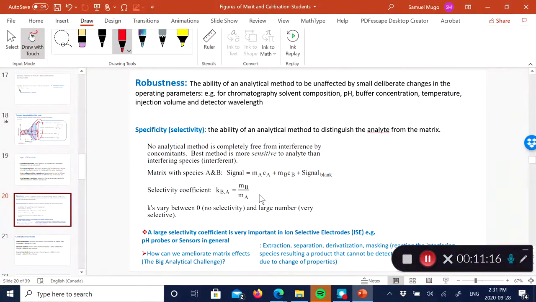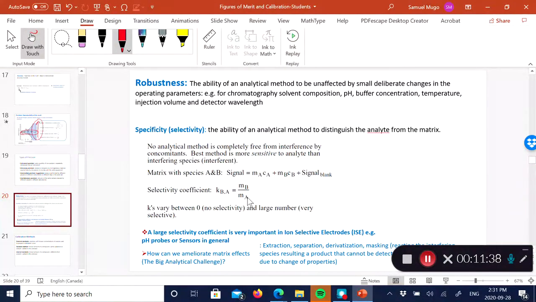Ideally the selectivity coefficient should be very close to 0, because the method should be almost blind to the B, and very selective to the A.